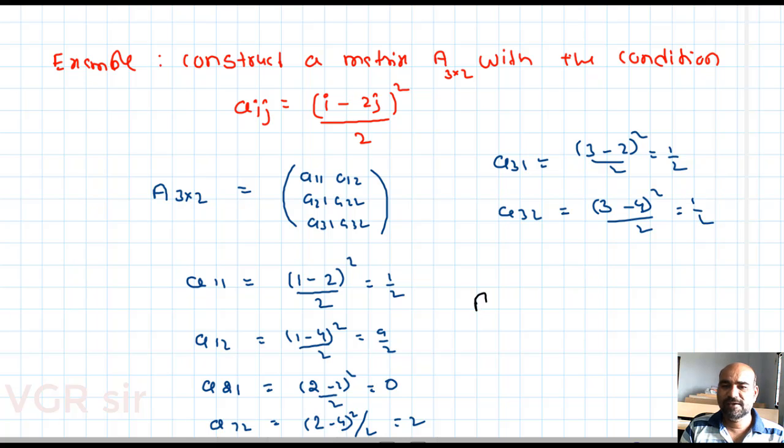Required matrix A is equal to: first row 1 by 2, 9 by 2; next 0, 2; next half, half. Yes students, this is the required matrix.